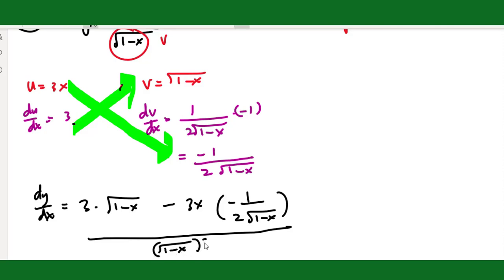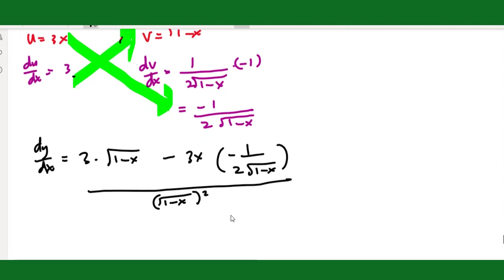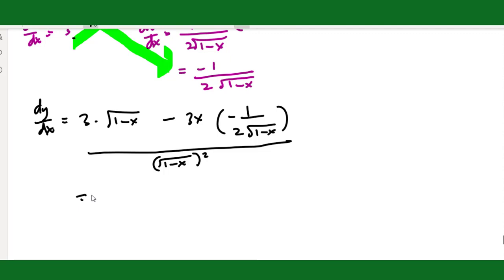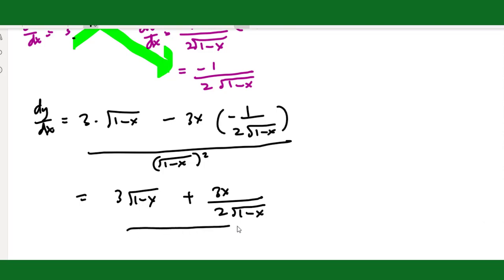Okay, and then simplify. Here just rewrite plus negative 3x over 2 times square root of 1 minus x, over this one is square, right? Square root and square, so the answer is only 1 minus x.